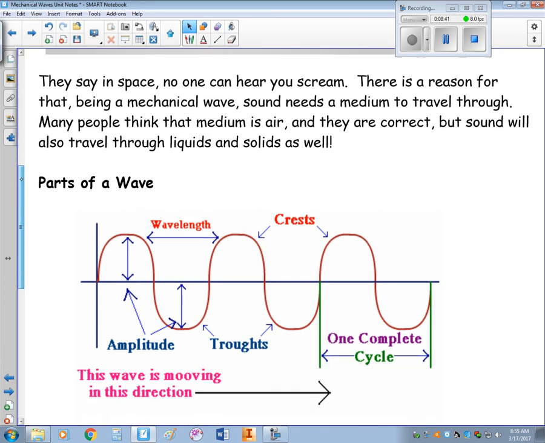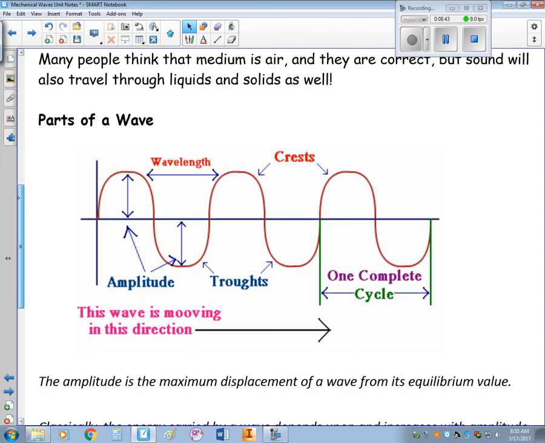Now for some parts of the wave, you guys probably have seen these before. Just a couple of notes here. Wavelength, I use the Greek letter lambda for wavelength. The amplitude is just from the rest position, or the equilibrium position, up to the top of the crest or down to the trough.